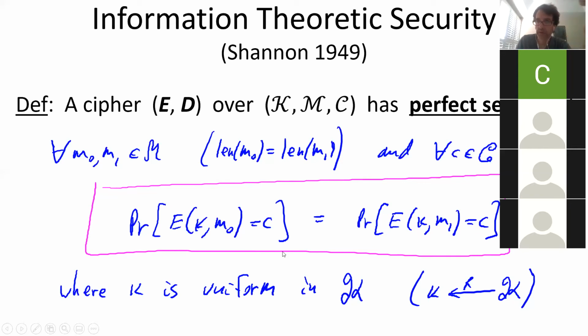What does this game correspond to? It corresponds to an attacker who wonders if the n-bit string that you send is equal to M0, like I love you very much, or M1, I cannot stand you. I know it's one of the two, and I want to know which one.